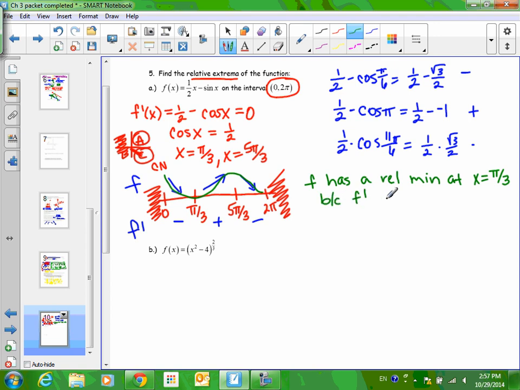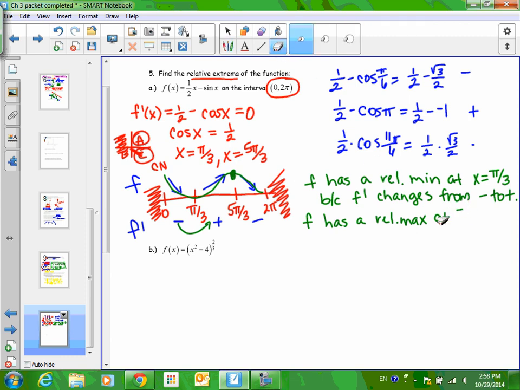Because F prime changes from, if you don't have it memorized, that's okay, just look right here. Negative to positive. The sign chart will tell you. And then we go, F has a relative max at. Well, that's a max right there.